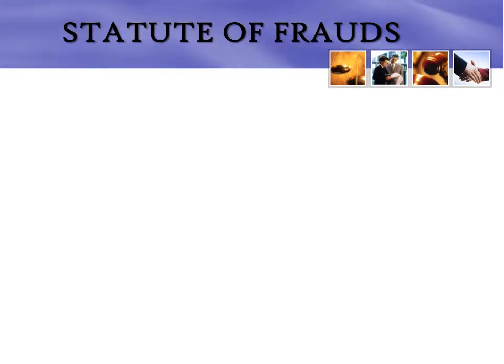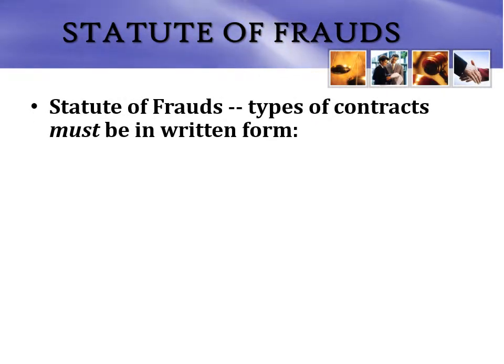Now, remember that lie I told you, that all contracts do not have to be in writing to be enforceable. Well, that's what it was. It was a lie. Because in the commercial world, we have a set of rules called the Statute of Frauds. And this is all from the Uniform Commercial Code.